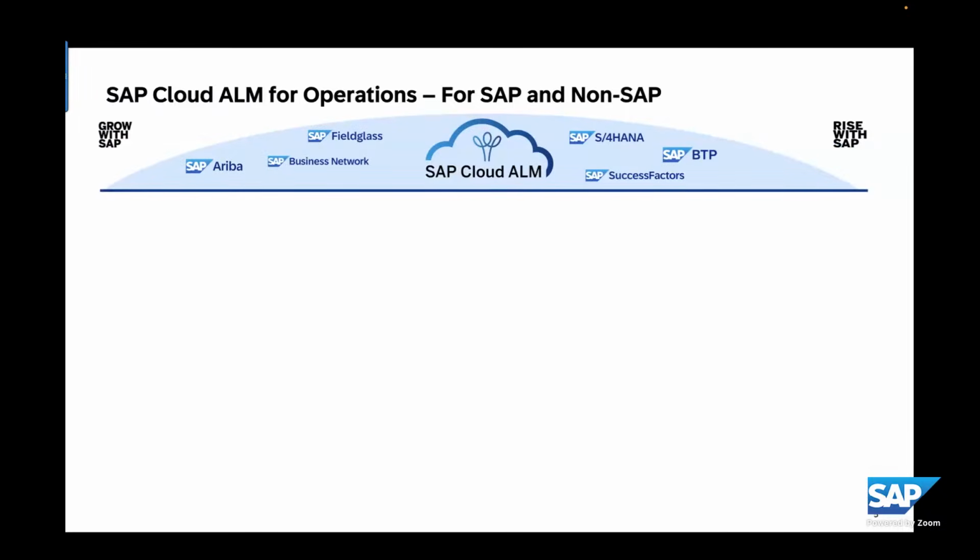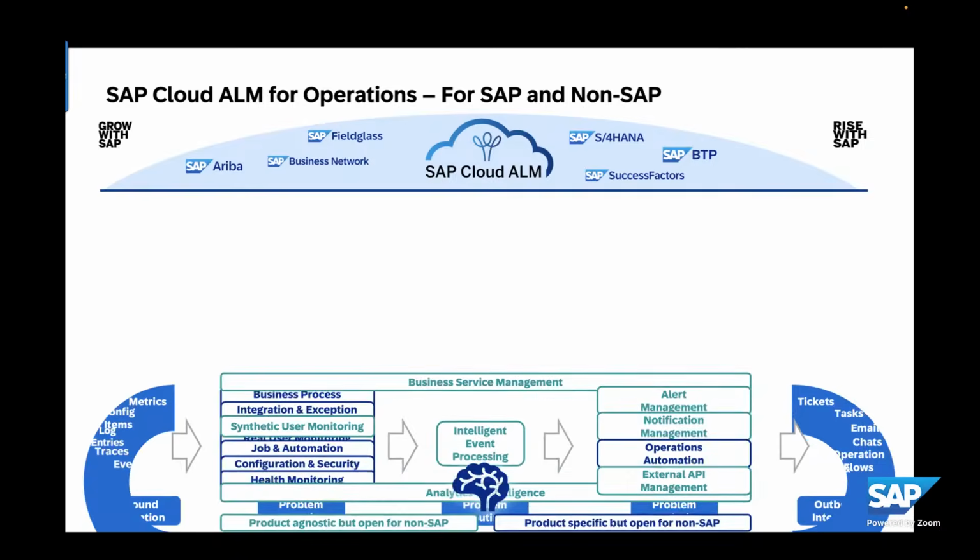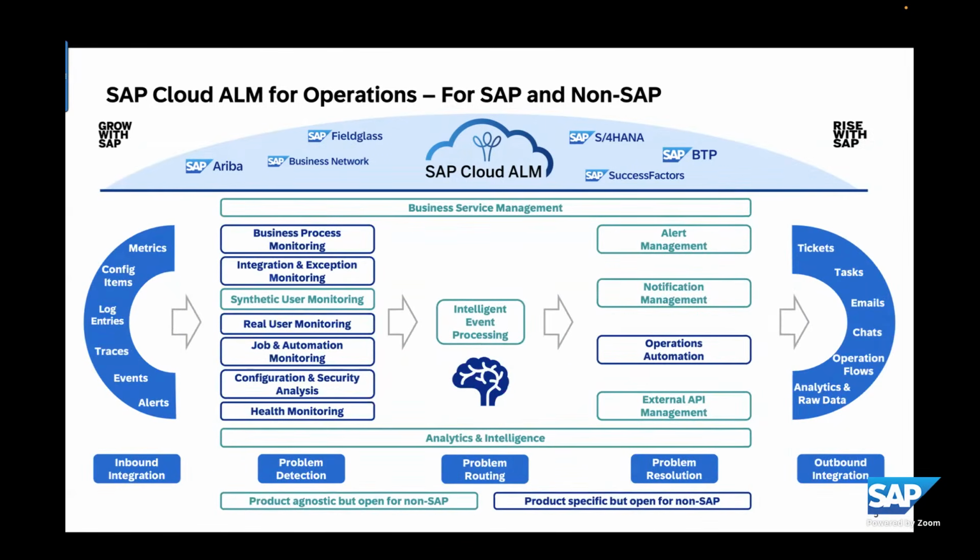Now, what is SAP Cloud ALM for operations? It's a whole suite where we connect each and every SAP service product towards, and we can choose from different applications and different layers to do certain activities. As you can see, we have on the left-hand side a so-called inbound integration. That means we collect data from SAP services and non-SAP services.